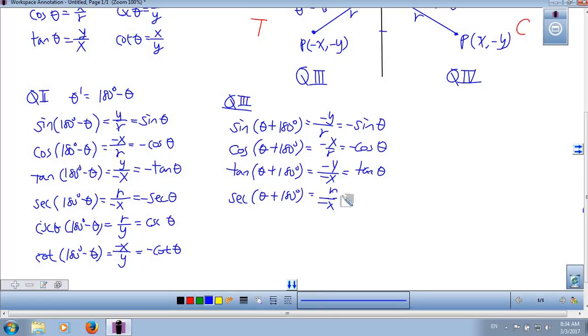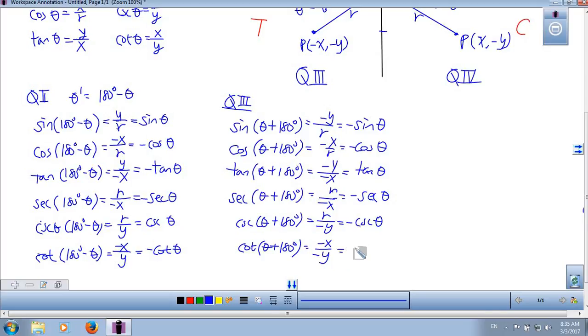Secant is r divided by x, so it will be negative secant theta. Cosecant of theta plus 180 degrees will be r divided by negative y, so it's negative cosecant of theta. And cotangent of theta plus 180 degrees will be negative x divided by negative y, so it becomes positive cotangent theta. As you can see, in the third quadrant only tangent and cotangent are positive, everything else is negative.